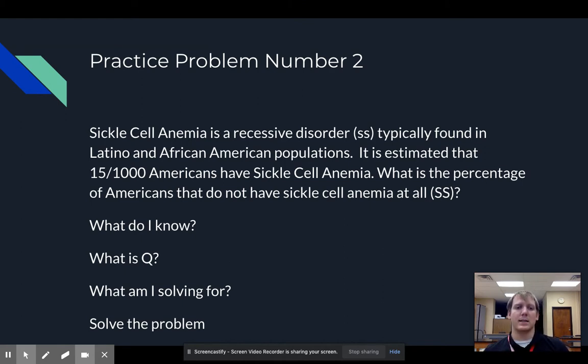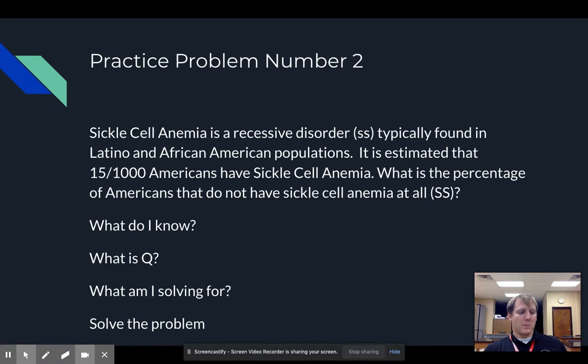What is the percentage of Americans that do not have sickle cell anemia at all, that are big S, big S? Big S is the same thing as saying homozygous dominant, or p squared. So this problem is asking me to solve for p squared, but I only know q. How can I jump from q to p squared?